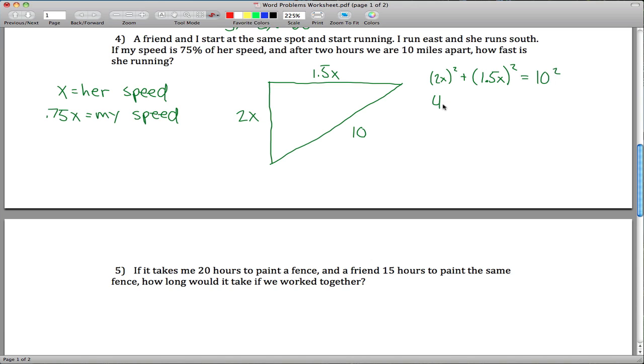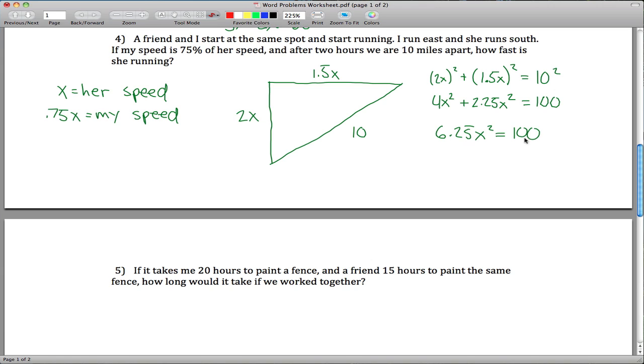So (2x) squared is 4x squared. (1.5x) squared is 2.25x squared. That's equal to 100. So I got 6.25x squared is equal to 100.